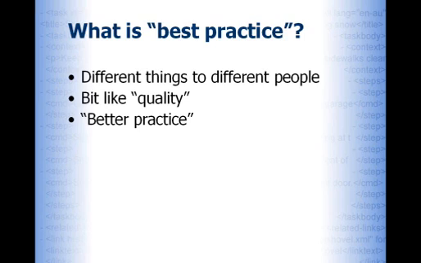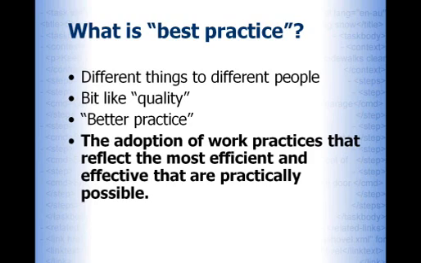So this should really mean for normal practitioners like us, when we're talking about best practice, we should be really talking about improving our practice, because the absolute very best practice is probably something that's too difficult to achieve. And that absolute best practice is probably the adoption of work practices that reflect the most efficient and effective that are practically possible.